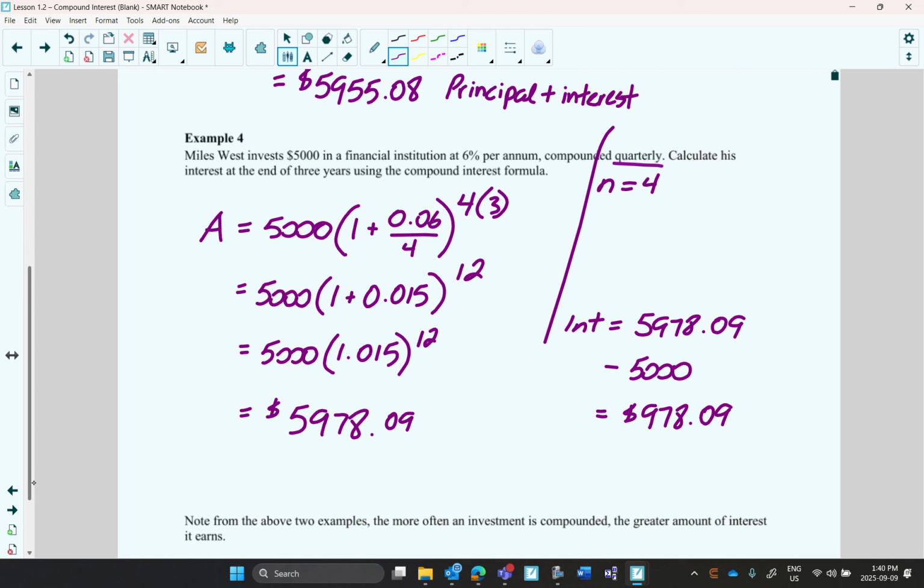Double my money. Obviously, it's got to be more than 3 years. What do you think? Take a guess. 6 years? 9 years? You think 11? So I got 6, 9, 11.